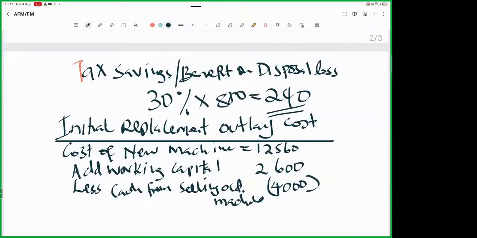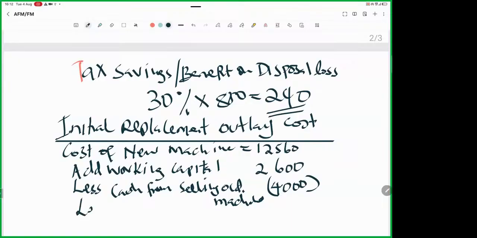Is there any other thing that you are able to remember that we need to bring here? The tax savings, you are so brilliant. Because when I sell the old machine, I'm going to make some tax savings. It's like KRA paying me back for making a good decision.